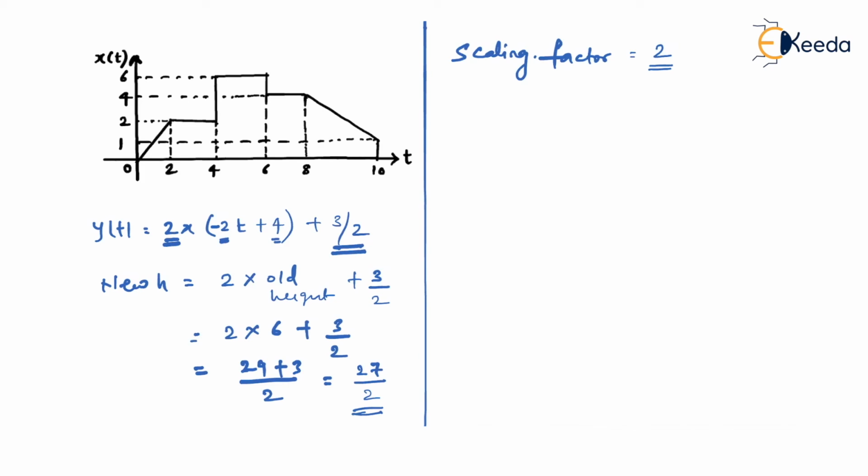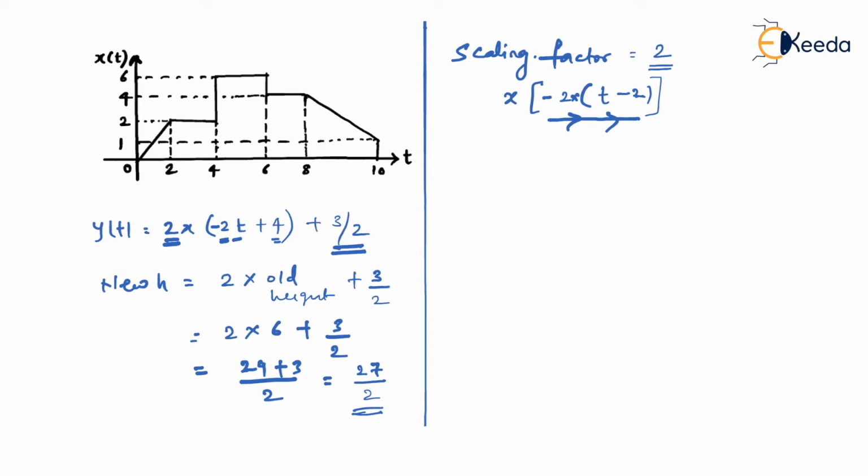Is that right? If you don't understand this, I'll try to explain this once again. See, what is given to me is x of, I'm going to make this t coefficient free. So minus 2, if I take common, what remains inside is t minus 2. Is that right? See, there is no point to draw y of t from the given x of t. When we use the left to right method, as you can see, first of all, it is scaling factor minus 2.